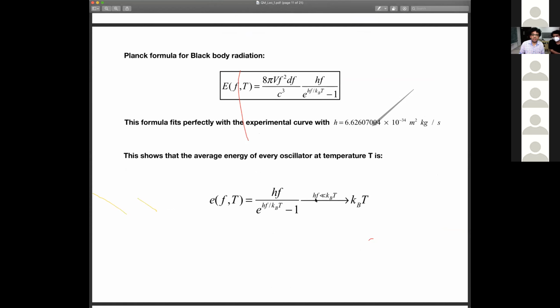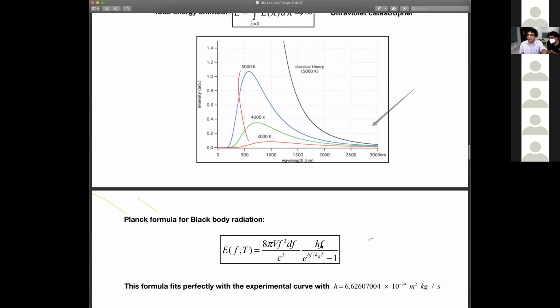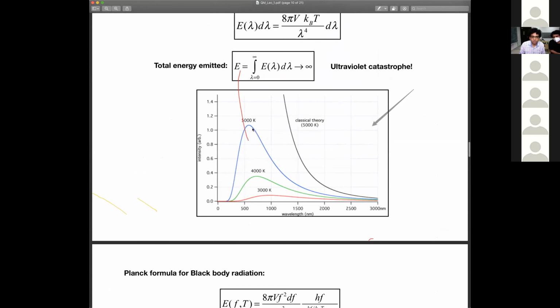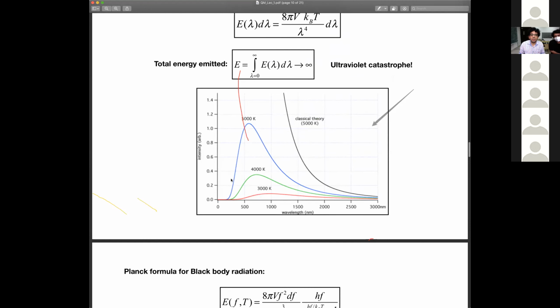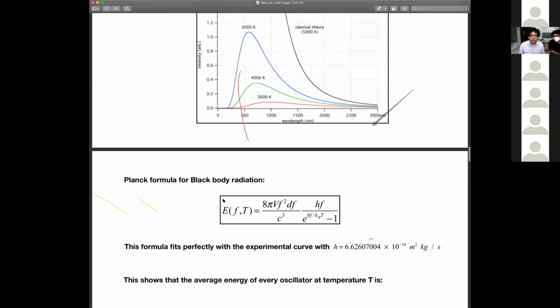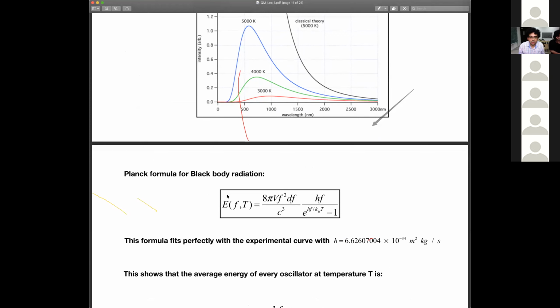When hf is very, very large, it gives you the quantum picture. The limiting portions of this equation, where hf is very large compared to kT and kT is very large compared to hf, will be discussed in Monday's tutorial session. It reproduces this beautiful blackbody spectrum that you see. So the blackbody spectrum is explained not by the classical Rayleigh distribution that is given by this, but by the quantum hypothesis equation of Max Planck that is given by this.